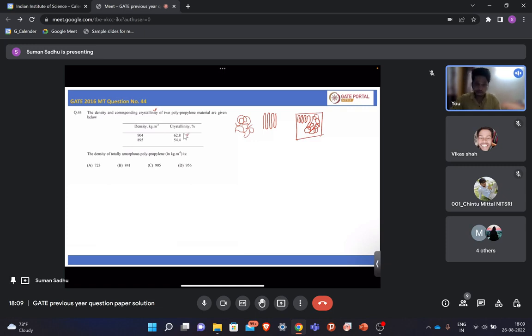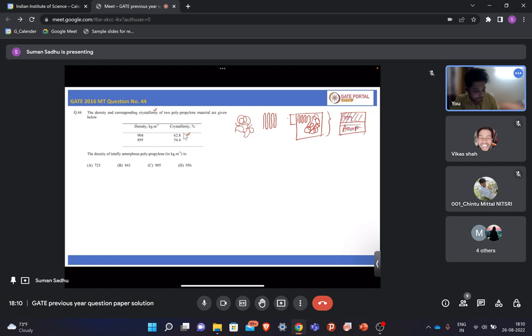To solve this, let us consider this is a polymer. For simplicity, let's say this part is the crystalline part, and this part is the amorphous part.